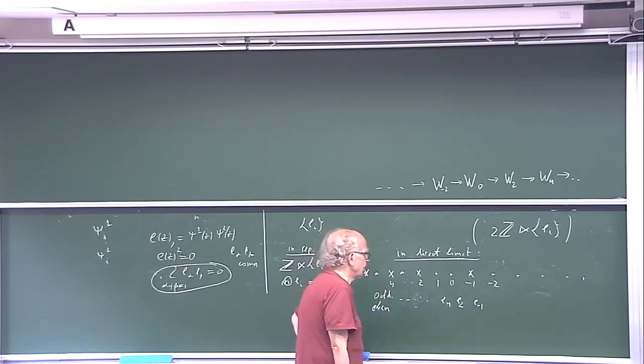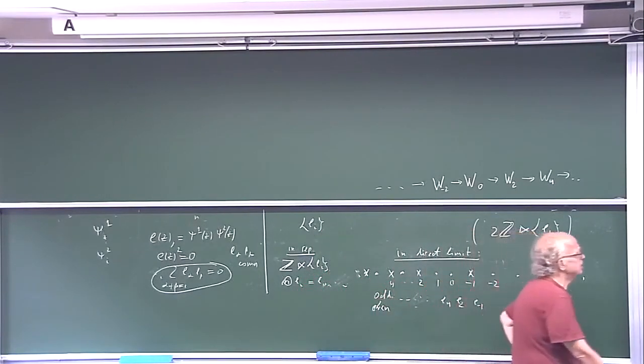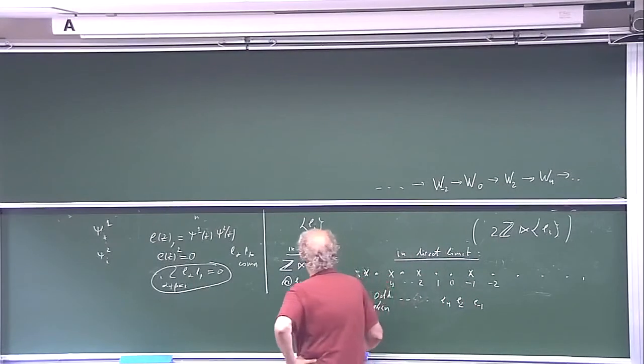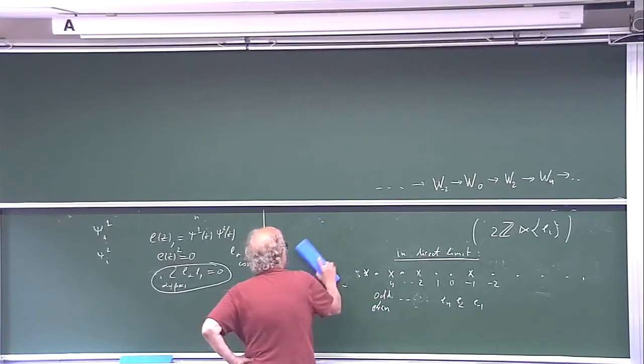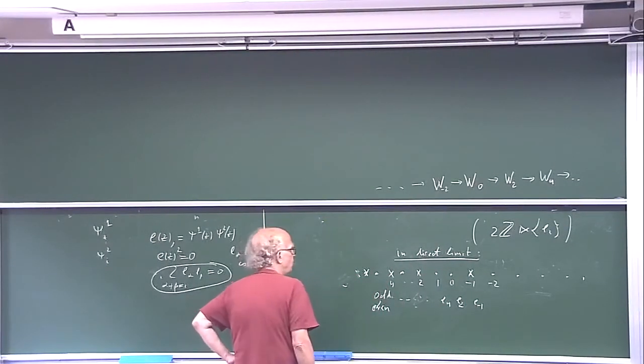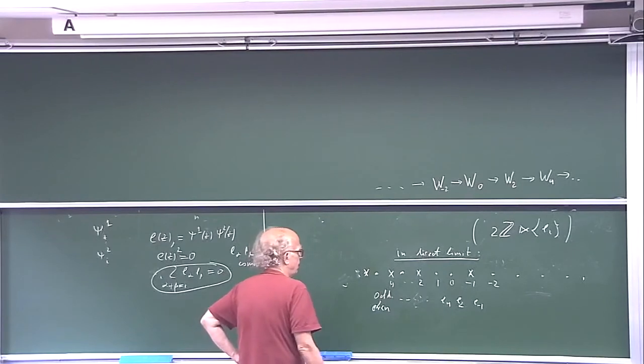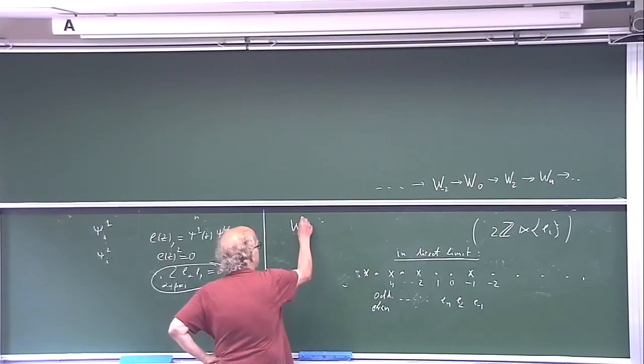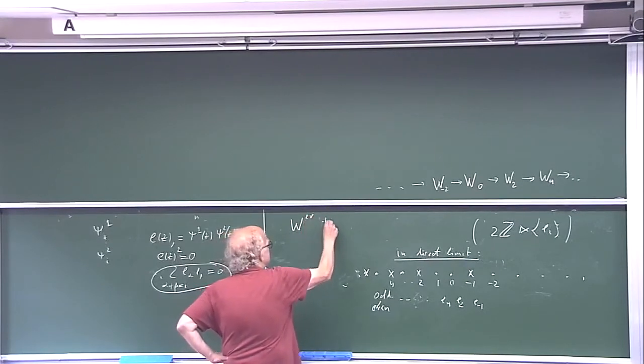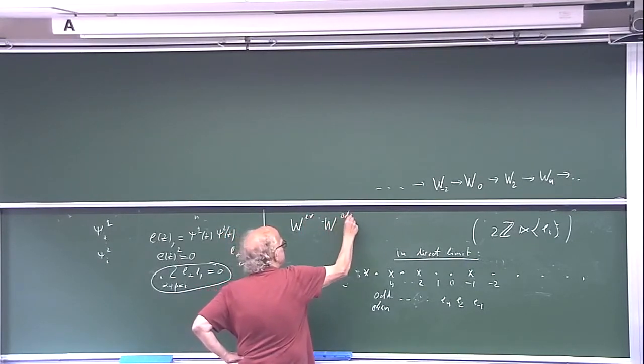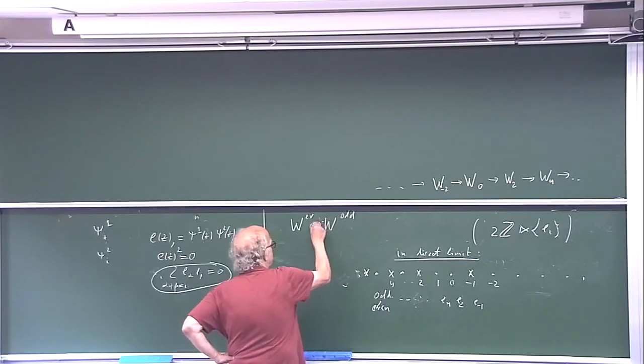And it gives me something very similar to that. As a result, I have two things: W even and W odd. Maybe I can sum them up.